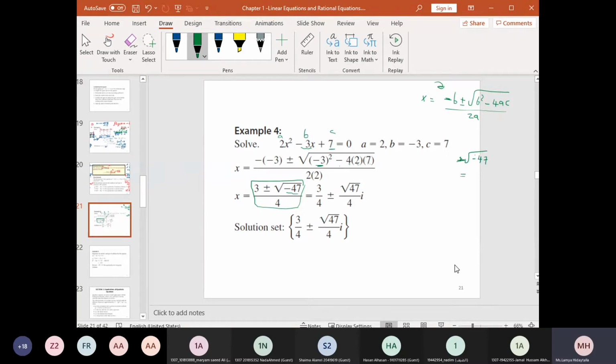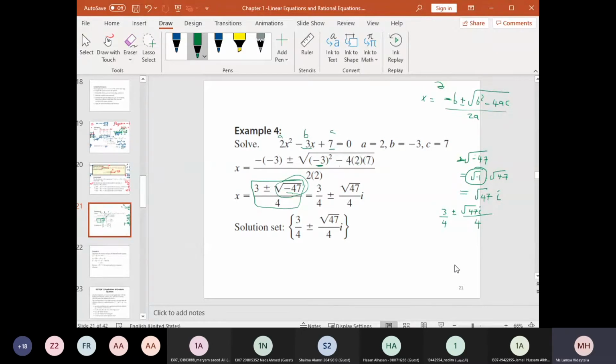We can write it as square root of minus 1 times the square root of 47. So this term is the i, correct? So it is square root of 47 i. And then each one of them over 2. So the solution is 3 plus or minus square root of 47i, the whole over 4, meaning this part over 4 and this part over 4 like that.